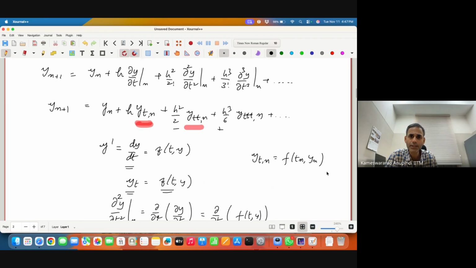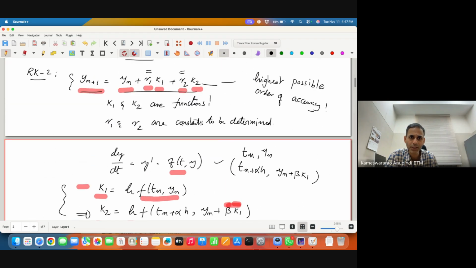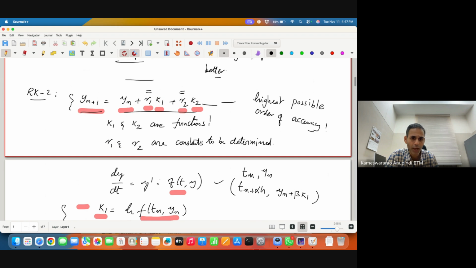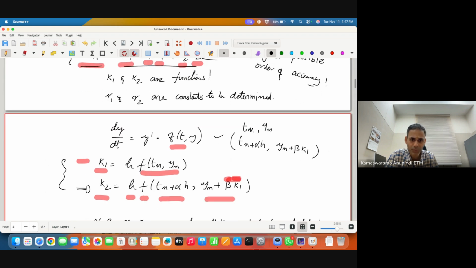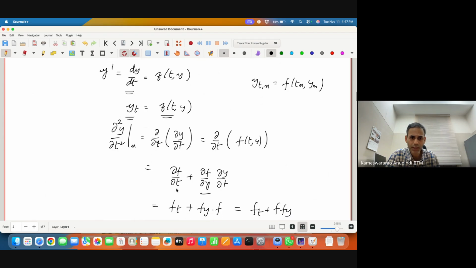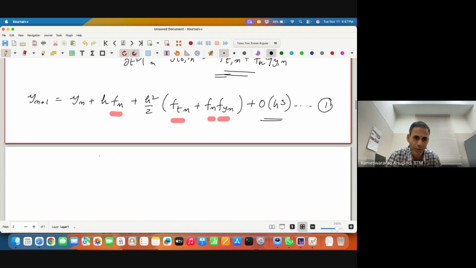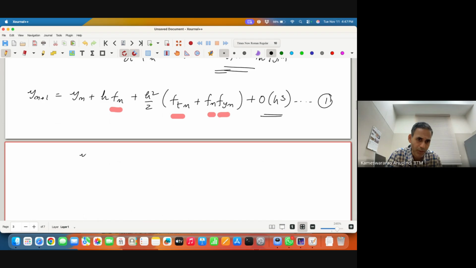But we realize that this equation we have written is still in terms of K1, K2, which are themselves functions. So I'm going to slightly expand them again using Taylor series. What we have written for the RK method is y_{n+1} equals y_n plus gamma 1 K1 plus gamma 2 K2.